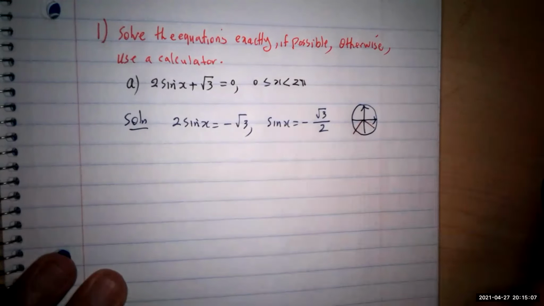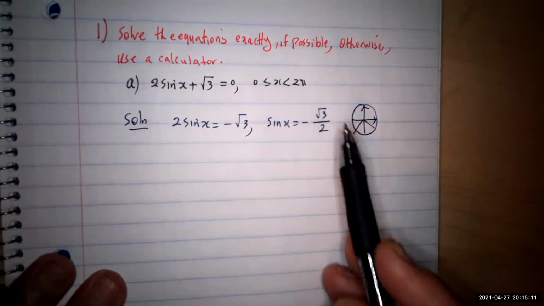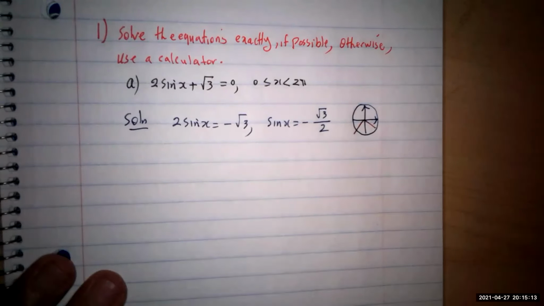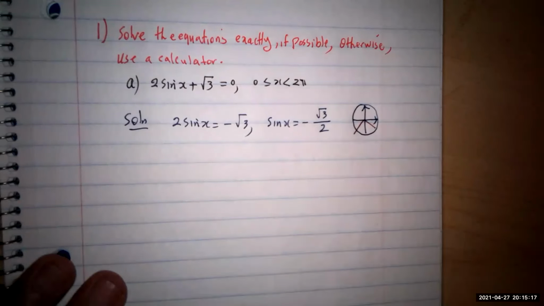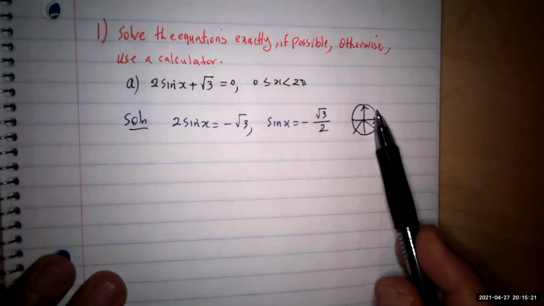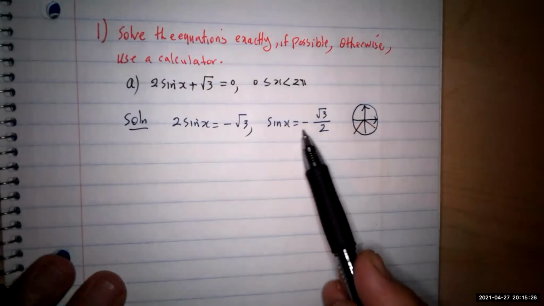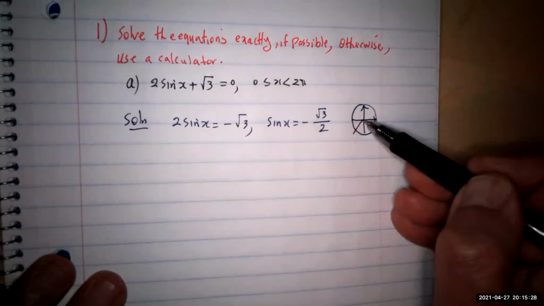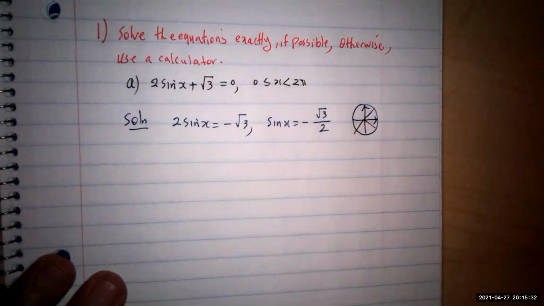You can check the table, you will see it, but if you want to do it, this is it. You know that the radical 3 over 2 that we are going to have is for sine, sorry, for 60 degrees, yes, for pi third.